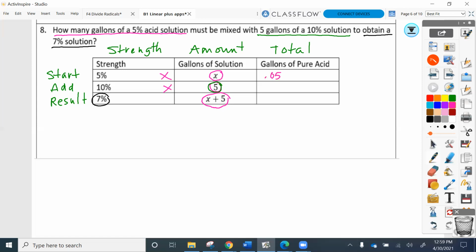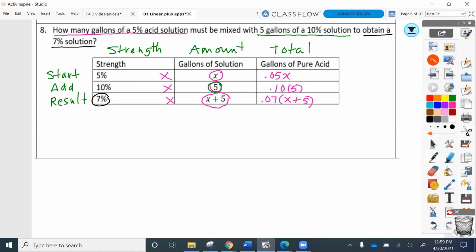That's how you write 5% as a decimal, times X. In this one, you would write 10% as a decimal is 0.10 times 5, right? I'm just multiplying straight across. And here you would write 0.07 times X plus 5. So I'm just straight across multiplying, right, to get those.